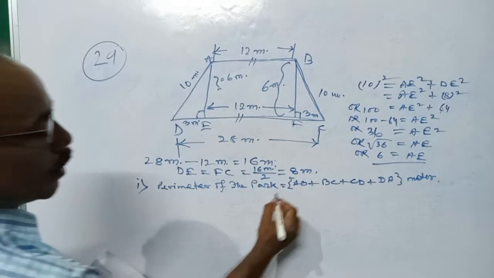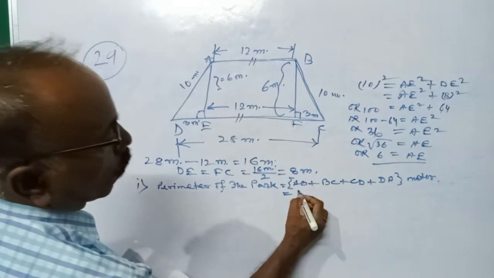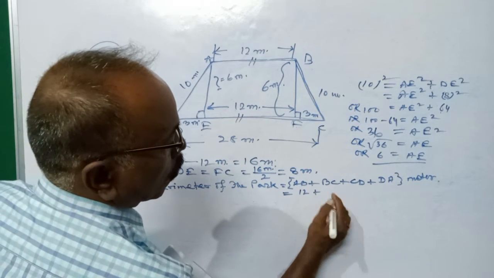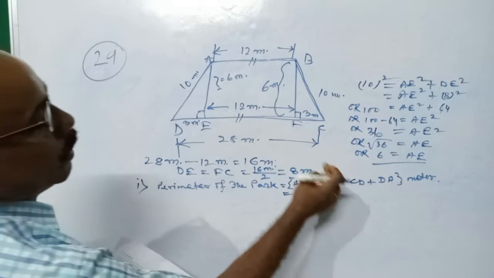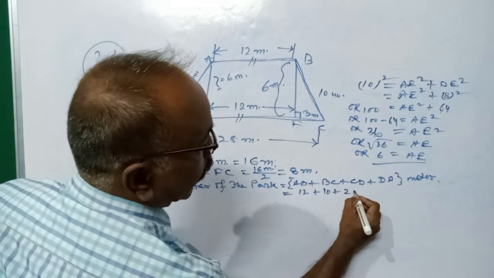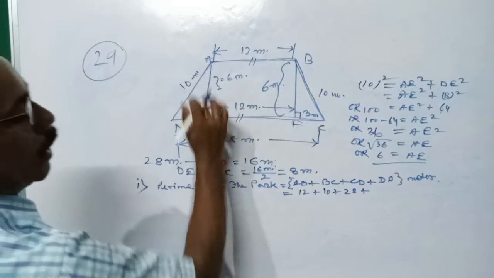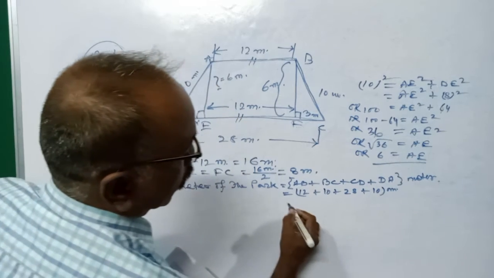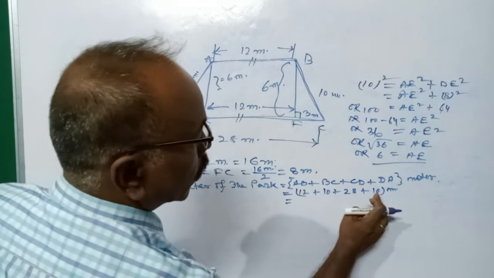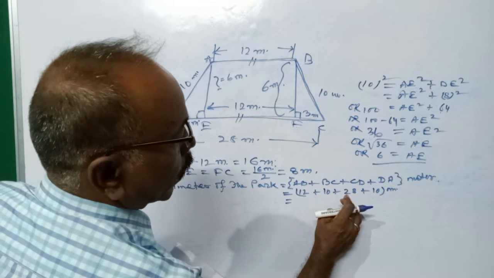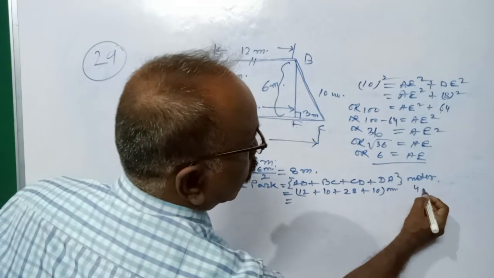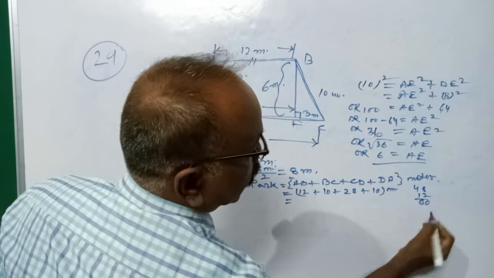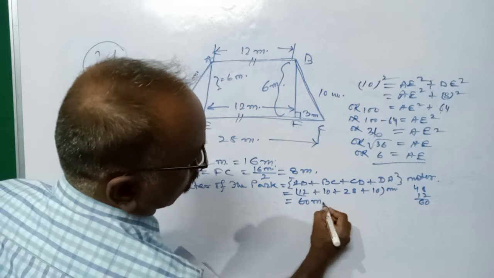Am I clear? It is equal to AB equal to 12 plus BC equal to 10 plus CD equal to 28 plus DA equal to 10 meter, which is 10, 10, 20, 20 plus 28, 48, 48 plus 12, 60 meter. 60 meter.